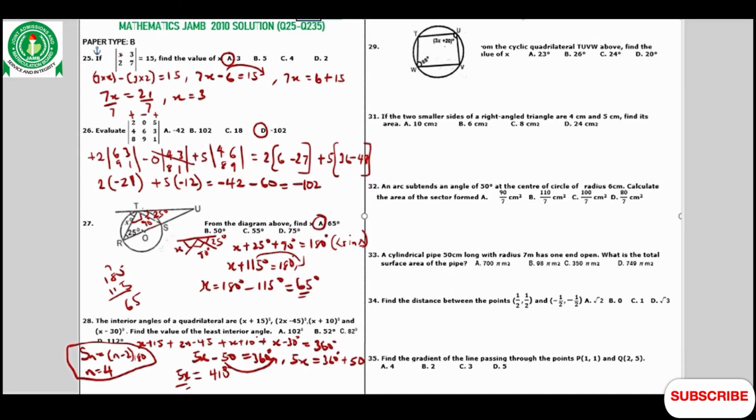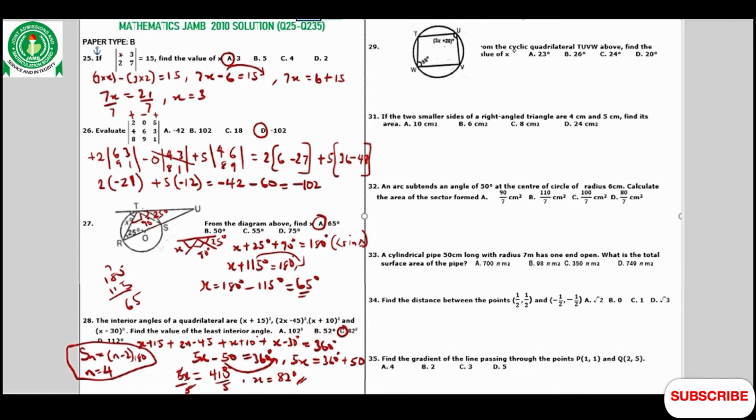So divide both sides by 5. 5 cancels 5 here. x is equal to 5 in 41 is 8, 5 in 10 is 2. So we have 82 degrees. So the answer is 82 degrees. That's option C.